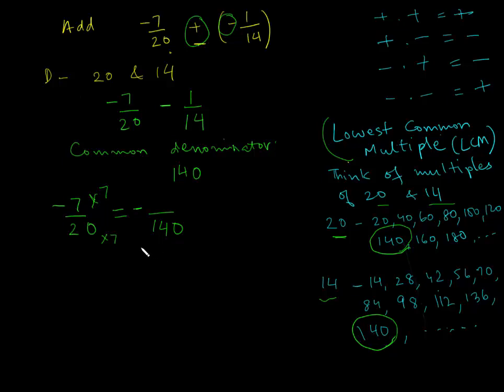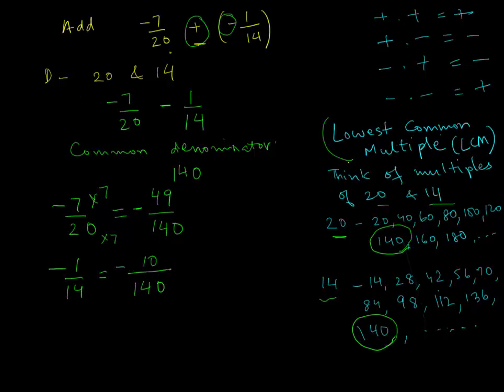So if you multiply top and bottom by 7, the equivalent fraction would be negative 49 over 140. Similarly, you can find the equivalent fraction of negative 1 over 14 as negative 10 over 140. Obviously, still negative.